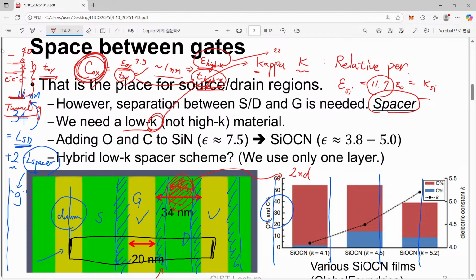That was the case for our high K material introduction. So when we consider the gate oxide, we always consider high K. However, in this case, in contrast, we must consider a low K material.